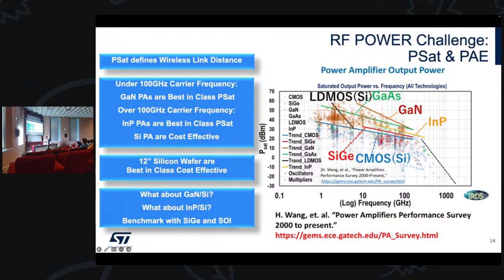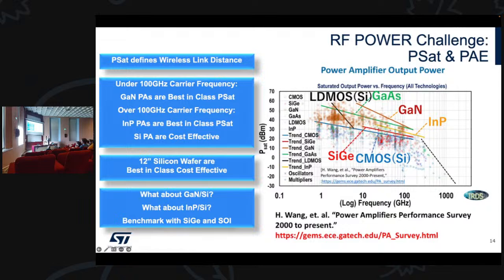So if we look at the wafer, the best in class cost effective is the 12-inch silicon wafer. So is it possible to do GaN over silicon and create GaN over silicon 12-inch wafers, or InP over silicon in a 12-inch wafer?